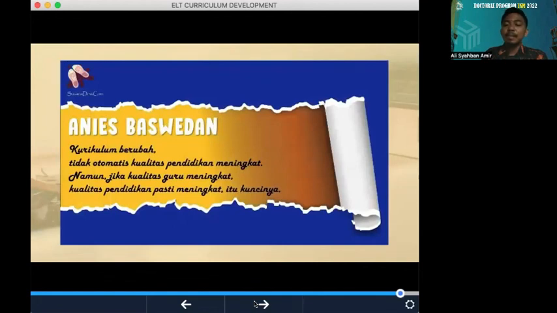Tidak otomatis kualitas pendidikan meningkat, namun jika kualitas guru meningkat, kualitas pendidikan pasti meningkat. Itu kuncinya. So beside the way to develop the curriculum, the teachers also have to get their best, so they can deliver the curriculum well.